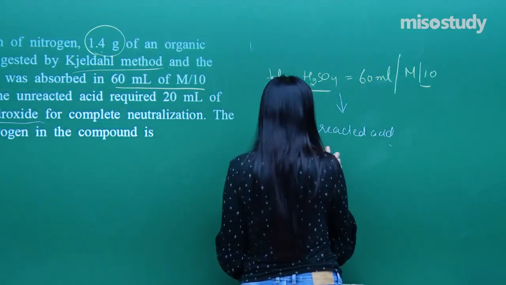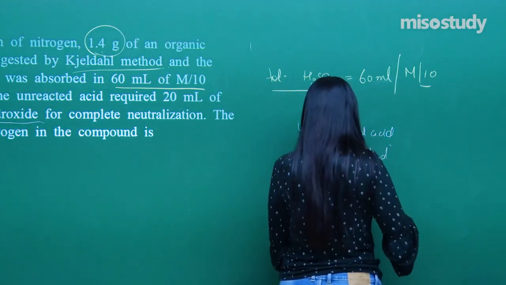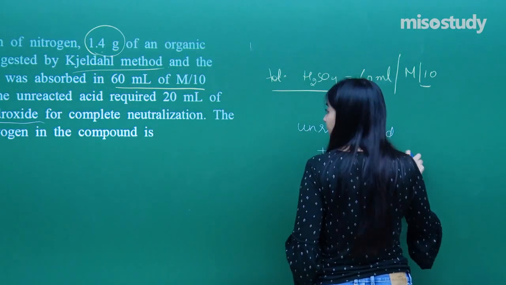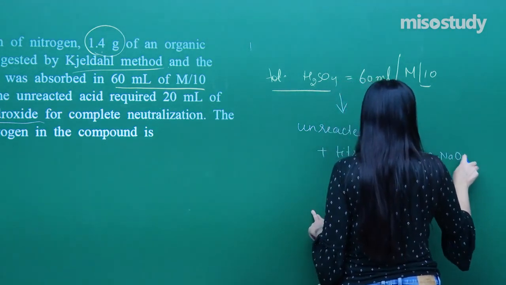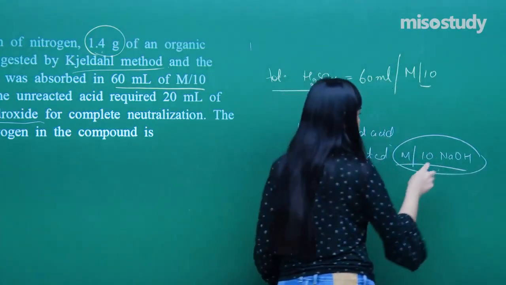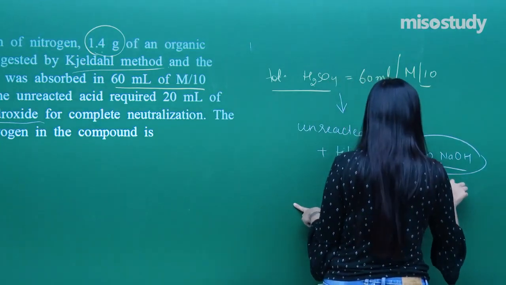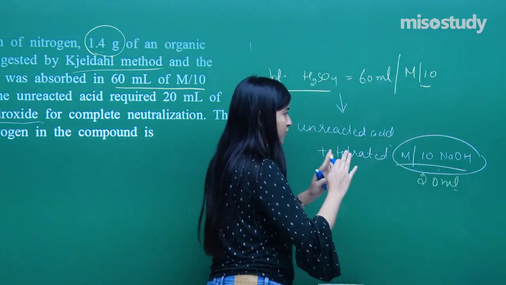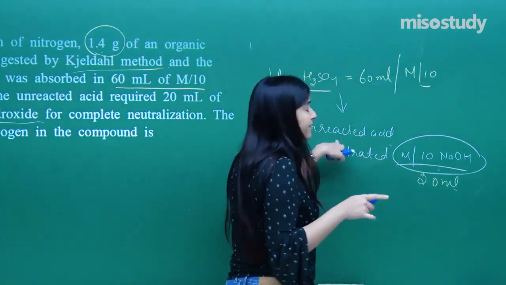Okay, so here it is titrated with M/10 NaOH solution, right? And how much of this solution is required to neutralize this unreacted acid is given out to be 20 ml. That means if I just write the equation for this titration, I will get the value for the unreacted acid.